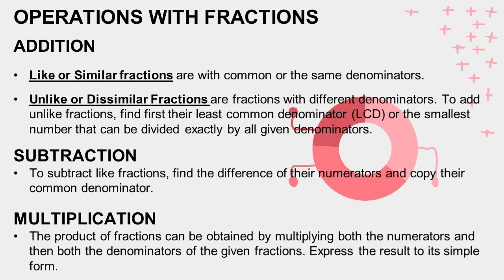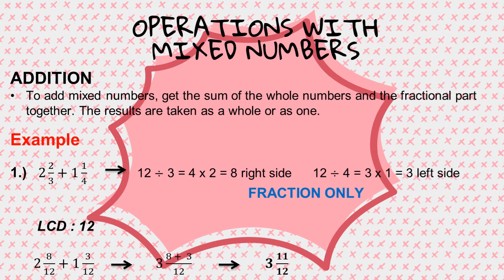Express the result in its simplest form. Okay, next. So we have operation with mixed numbers. Addition. To add mixed numbers, get the sum of the whole numbers and the fraction parts together. The results are taken as a whole or as one.